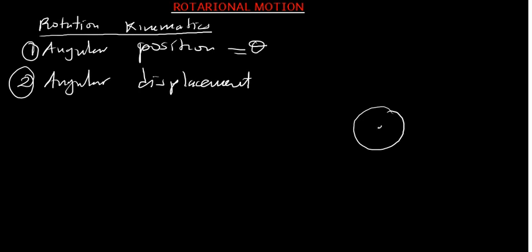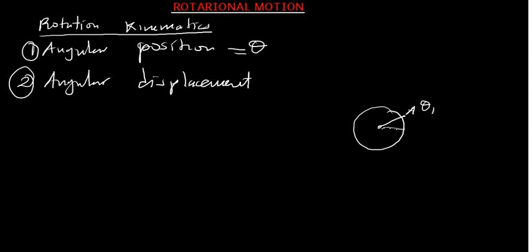Let's say this object was first at point A, at angle theta 1 from the fixed x-axis.